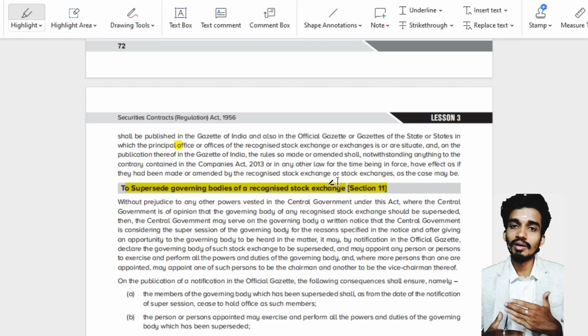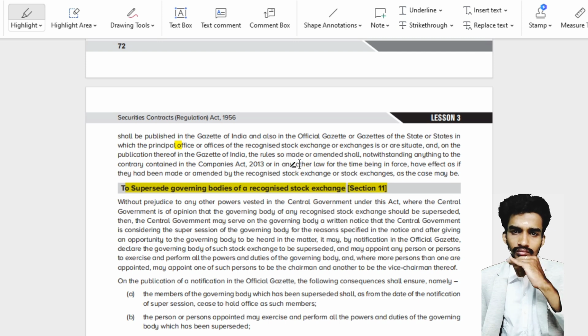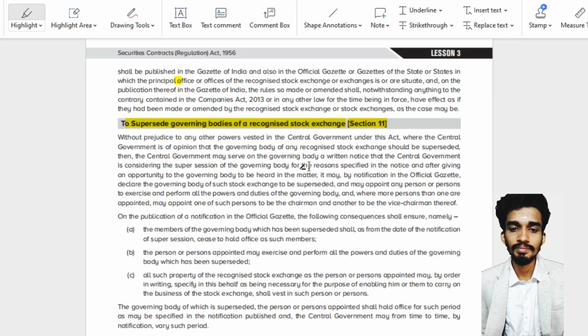So the powers of them would cease to exist, and the central government would appoint an authority, and the appointed authority would take care of all the matters connected with the stock exchanges without prejudice, that is, without harming any powers which have been vested in the central government.